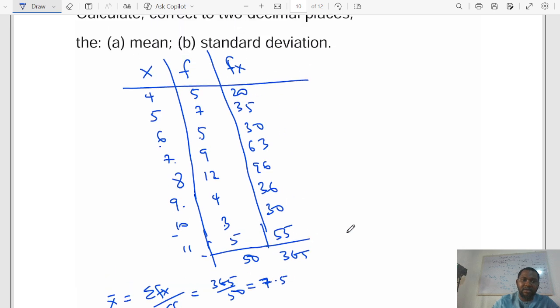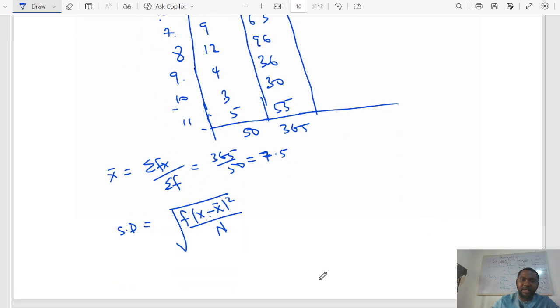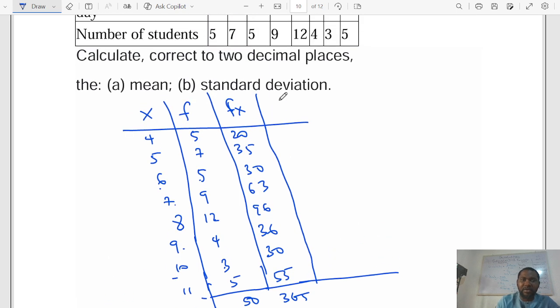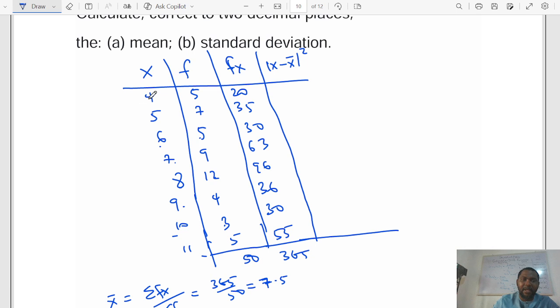That means each of the x minus the mean, and the bar here means absolute value, so it should be positive. Or I can just square it immediately. So let's find x minus x bar squared. Any number minus this, then we square it.